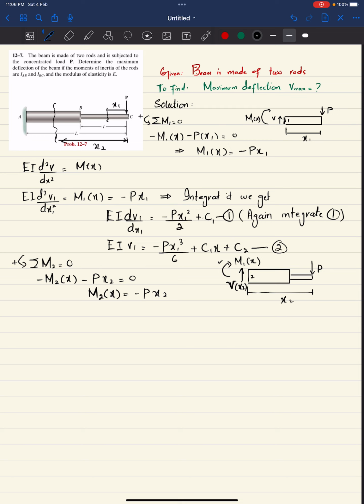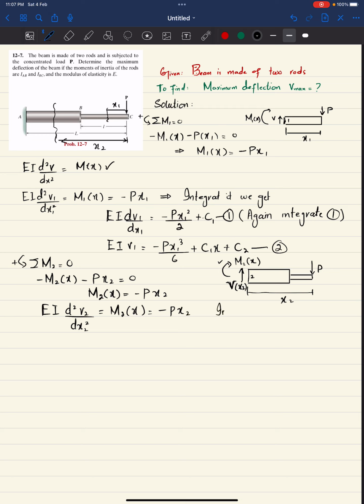Now you can put it in the equation of slope and deflection. So EI for x2 we have d square v2 over dx2 square equal to m2 of x, and this m2 of x is minus P into x2.